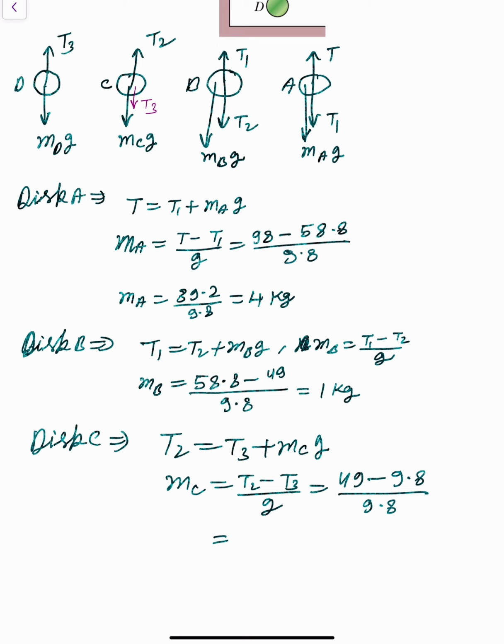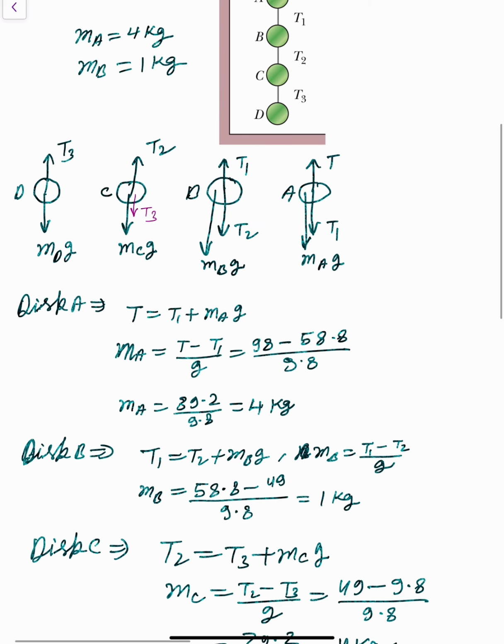Very simple. 49 minus 9.8 is 39.2. 39.2 divided by 9.8 is 4 kg. Clear? So the mass of disc C is 4 kg.